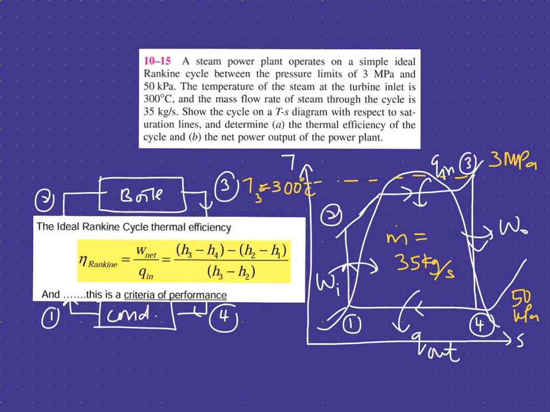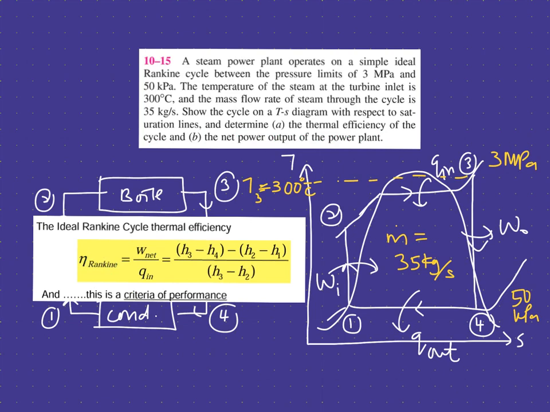Now, the question is asking you to find the thermal efficiency of the cycle. In order for you to find the thermal efficiency of your Rankine cycle, you make use of your work net, which is the desired output over the required input.